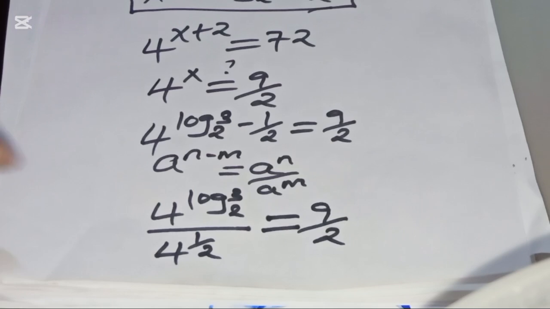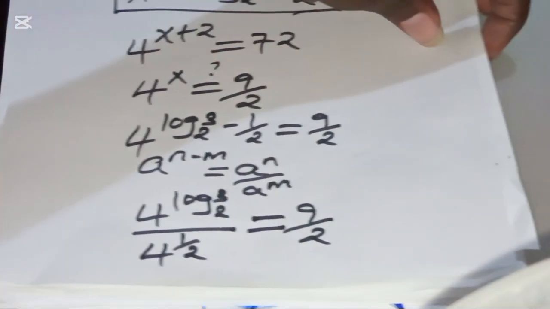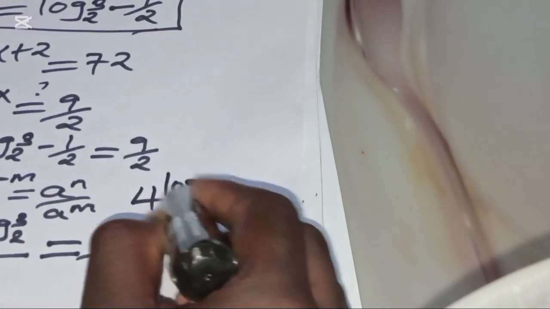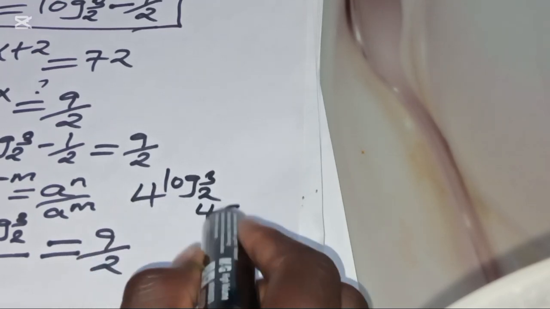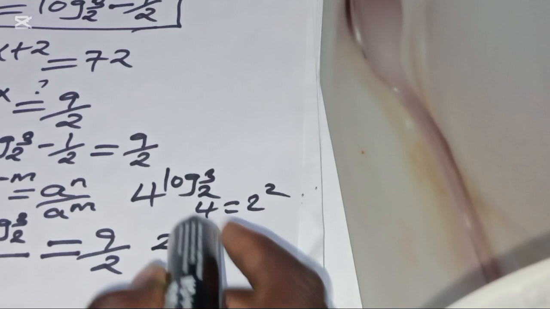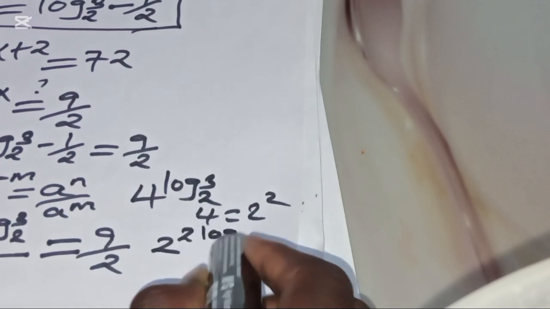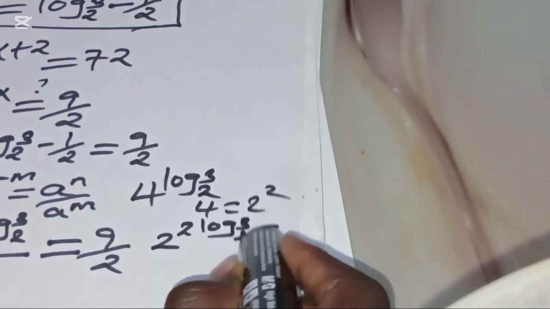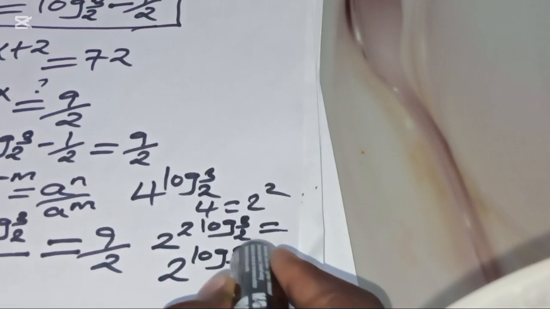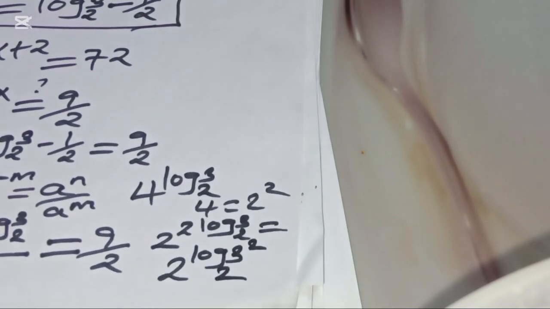From what we have here again, we can express 4 to power log 3 to base 2, with 4 as 2 to power 2. That means we'll have 2 to power 2 log 3 to base 2, which we can express further as 2 to power log 3 to power 2 to base 2.